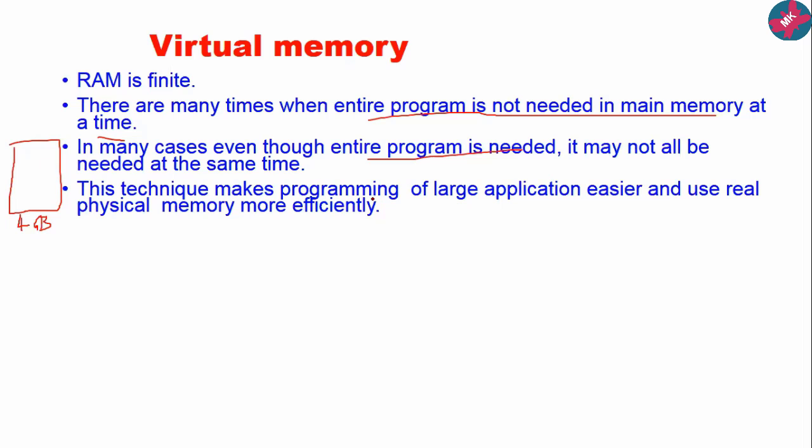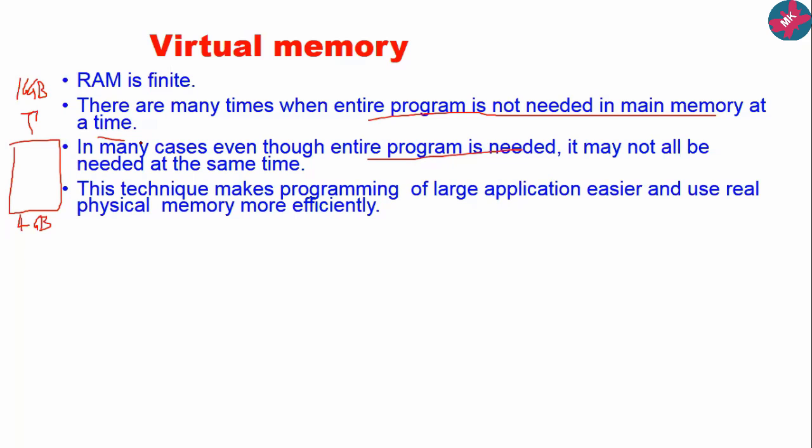So these techniques make programming of large applications easier, and we can use the real physical memory more efficiently. In virtual memory, if you have a 4 GB RAM, it may give the illusion to the end user that there is 16 GB of memory available.